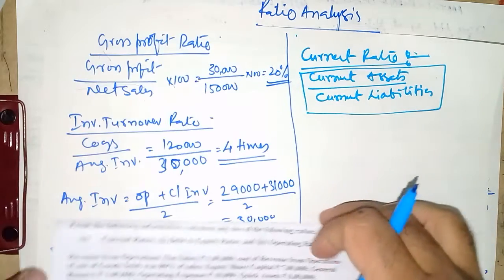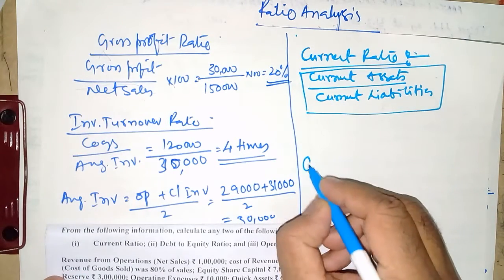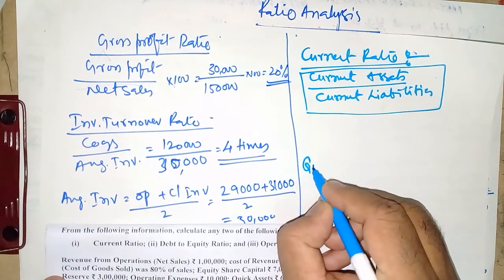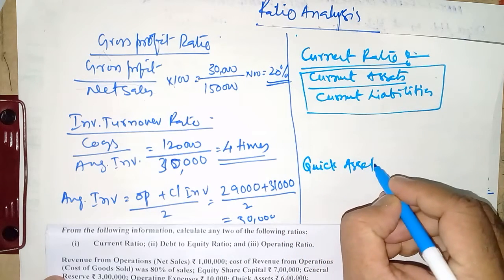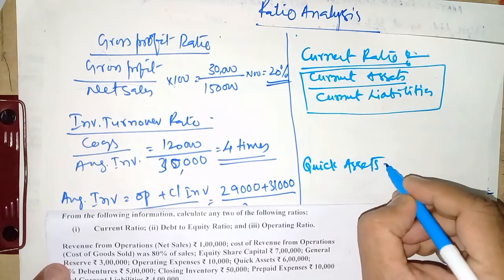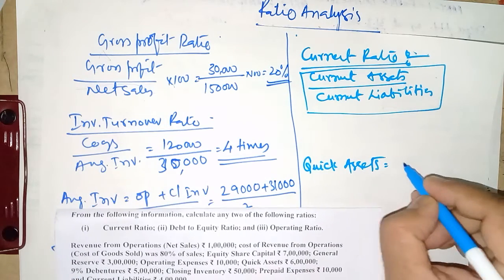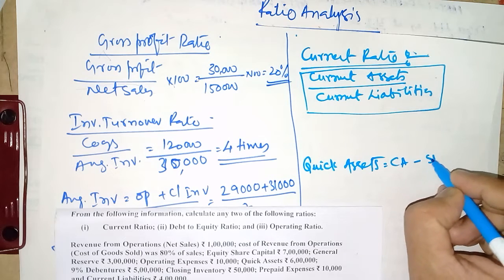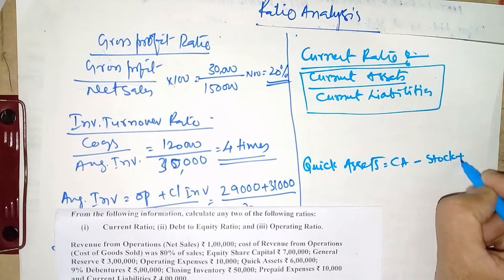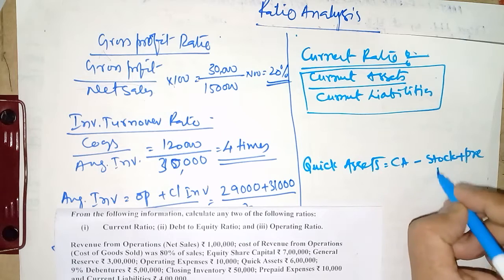What is the formula of quick asset? We need to understand. Quick assets is equals to, always bear in mind, current asset minus stock plus prepaid expenses.